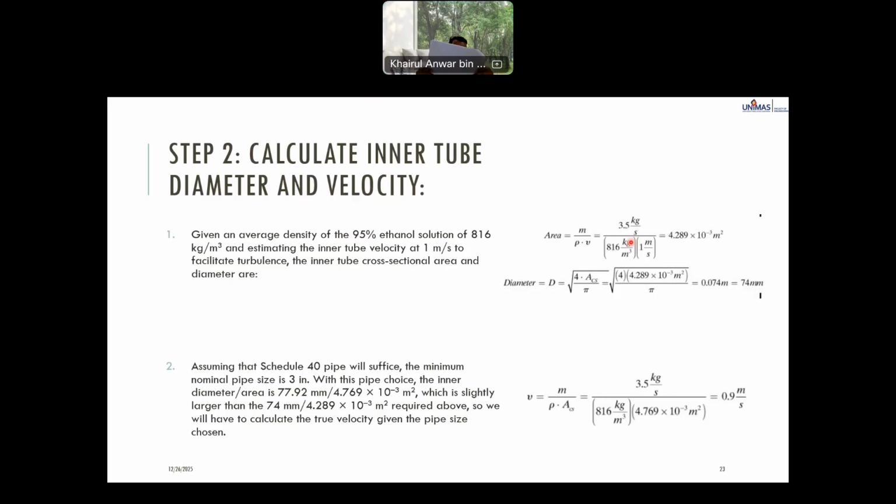I think they assume it at the moment, 1 meter per second. Then we get 4.289 times 10 to the power negative 3 meter squared.